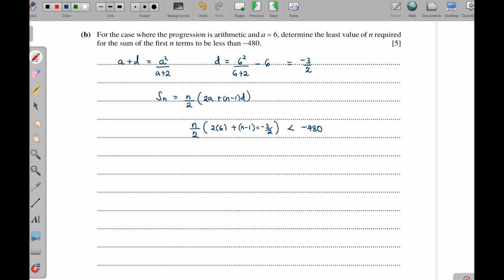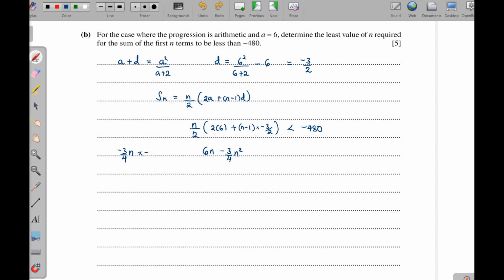Okay, let me not take you so fast. This one here multiplies here, that one goes, so we shall have 6n, not so? Then minus 3 over 2 times this one here, you will have negative 3 over 4 of n. Now times this n, you'll get negative 3 over 4 n squared. Then negative 3 over 4 n times the negative 1 that is inside here.